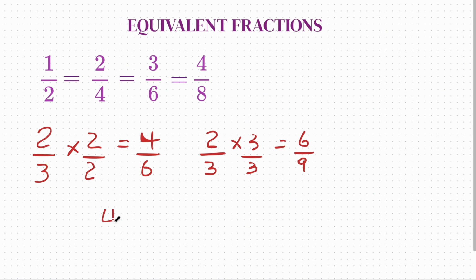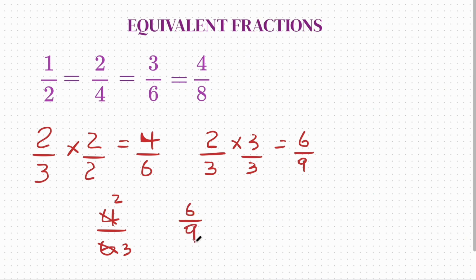So I'm going to write the 4 over 6 and then I'm going to reduce. What can go into 4 and 6 without leaving a remainder? 2. So 2 into 4, 2 times. 2 into 6, 3 times. Let's do the same thing for 6 over 9.